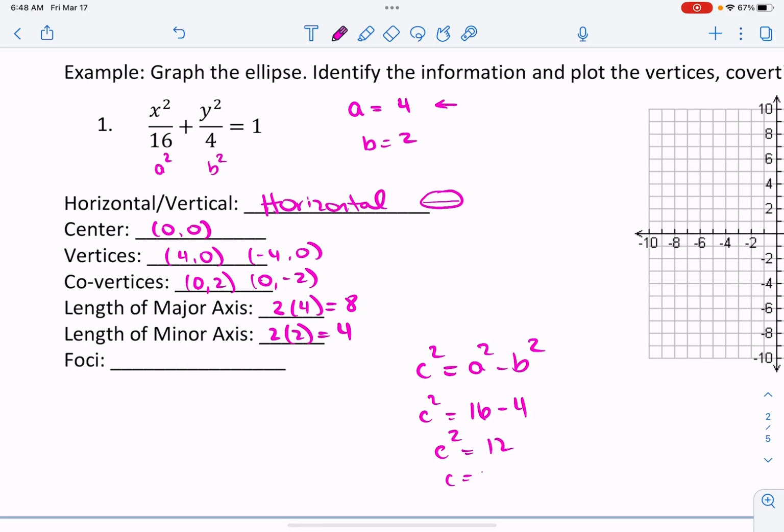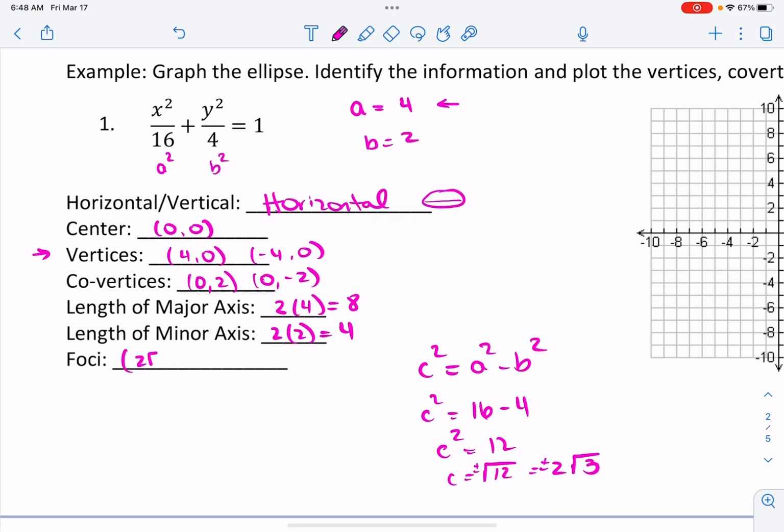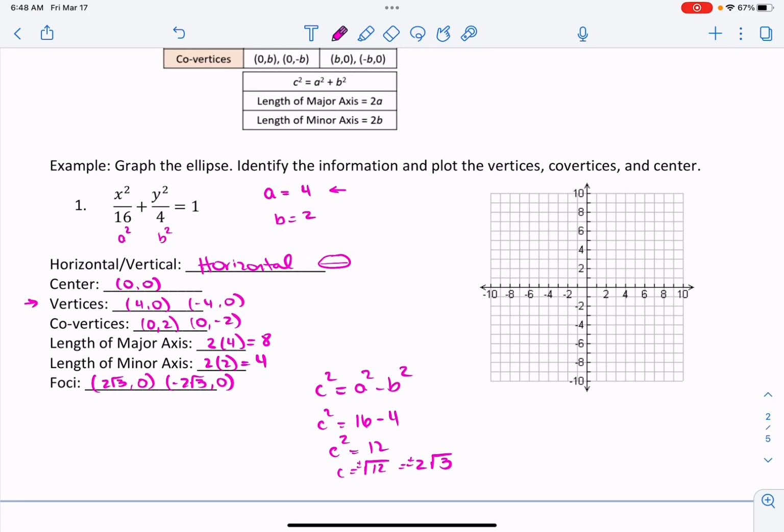So c is equal to the square root of 12, which is 2 square root of 3. And remember, we do need to tag along that plus or minus because we are going in both directions. The foci are always on the major axis, where the vertices are. So this is going to be 2 square root of 3, 0, and -2 square root of 3, 0. And that's all the information that we're going to need.